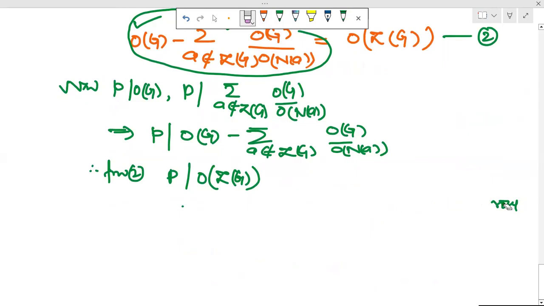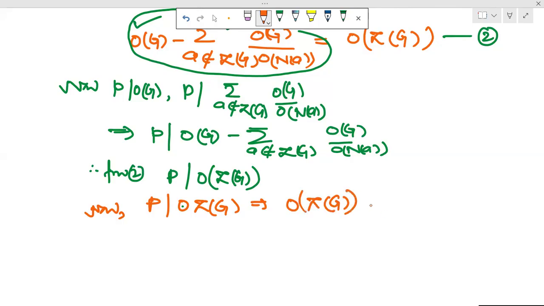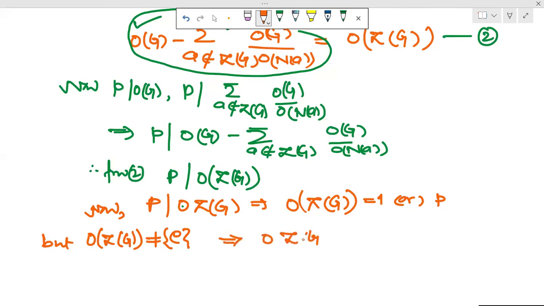Now P divides order of Z(G). This means that order of Z(G) is equal to 1 or P. But order of Z(G) can't be equal to P. Sorry, because it has a proper subgroup, right?